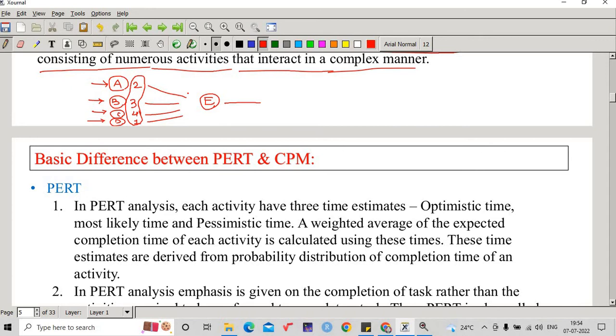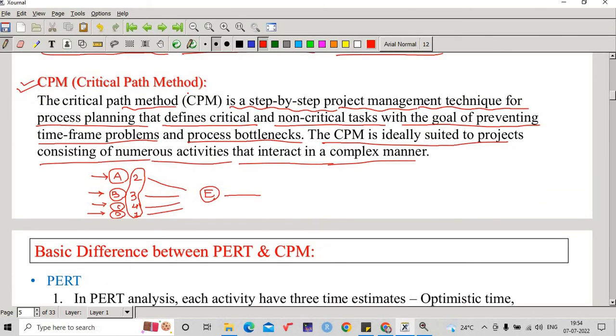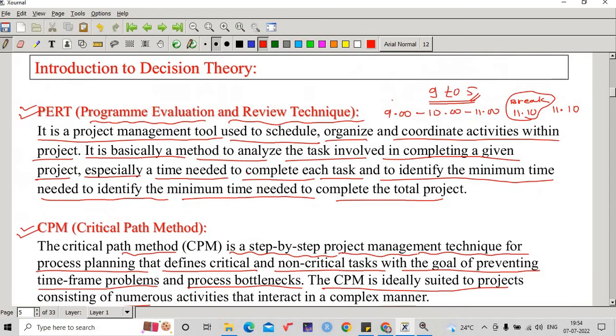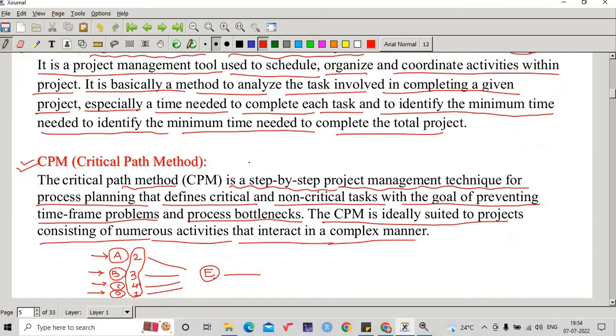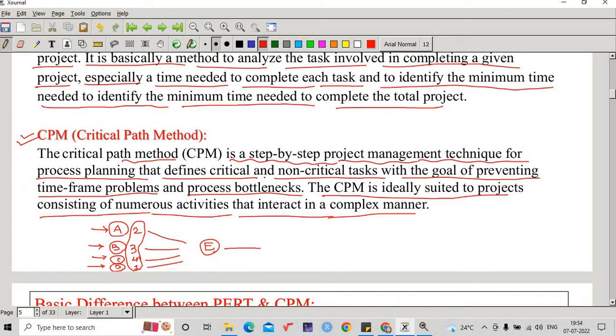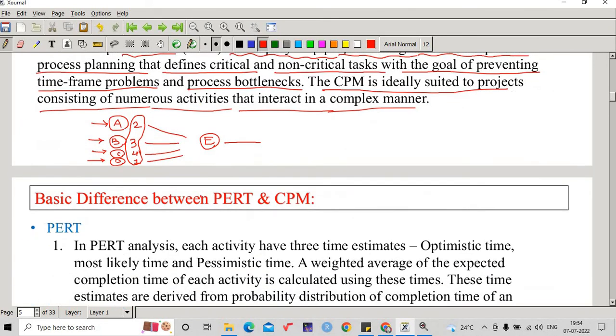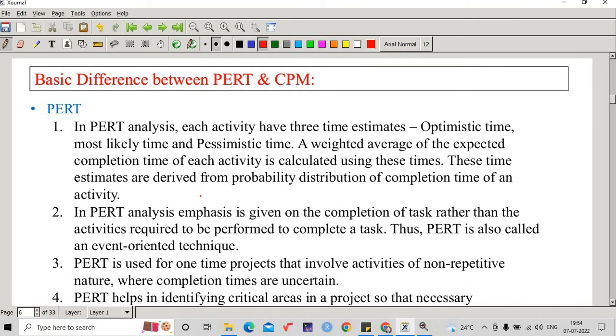So in that way I have to identify the critical activity to proceed further. So in entire project management, handling the time needed to complete each task and handling the critical activities which need to be followed are defined by PERT analysis and CPM analysis. So both of these things we are going to include while defining the problems of network analysis.